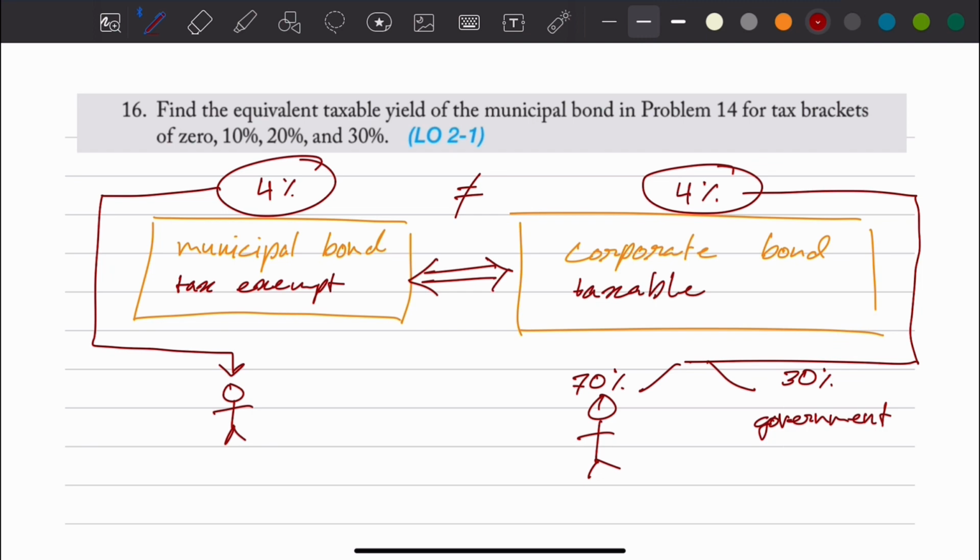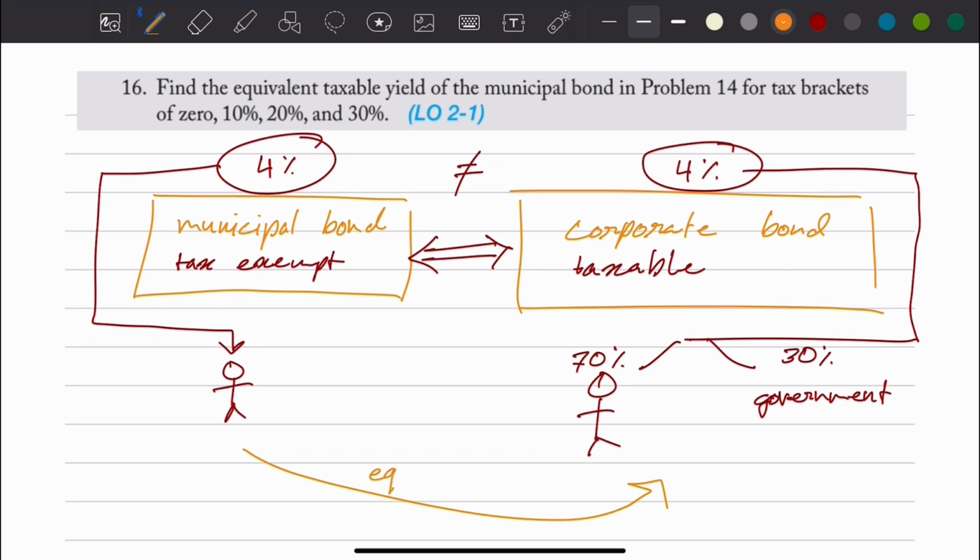This is why when we want to compare the yields of two bonds, one of them tax exempt and the other taxable, we need to first transform this particular rate, either this municipal bond rate, we calculate what we call the equivalent taxable yield.